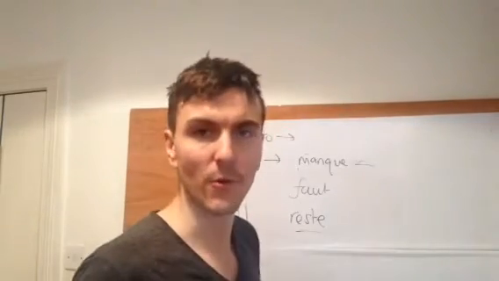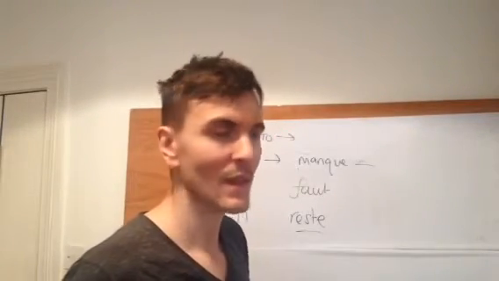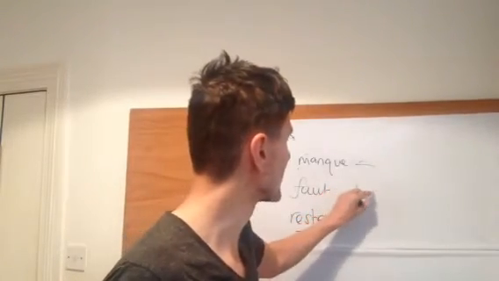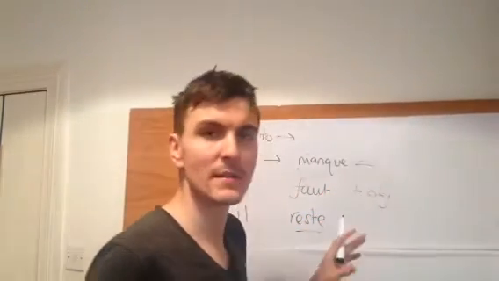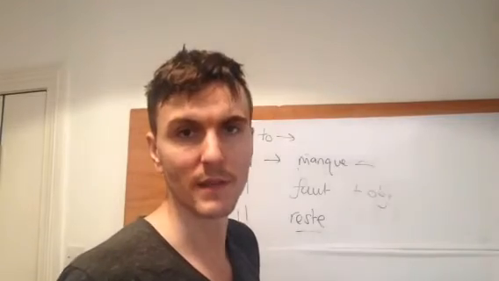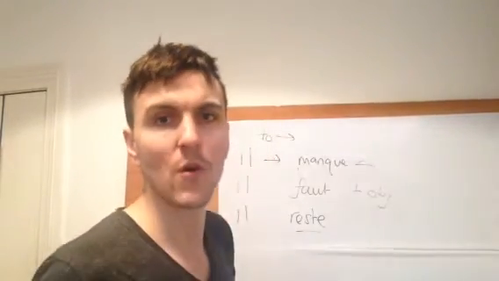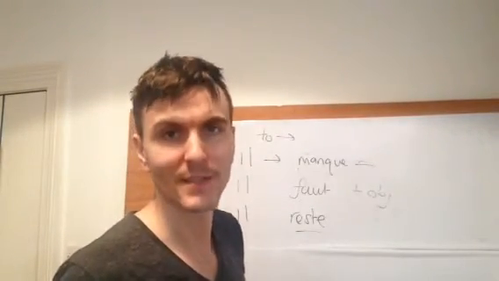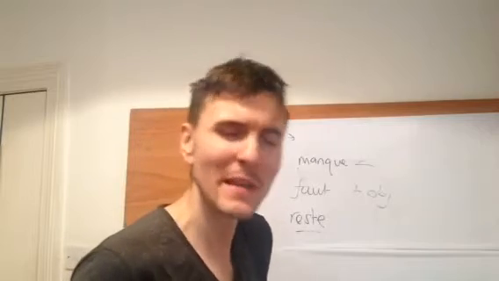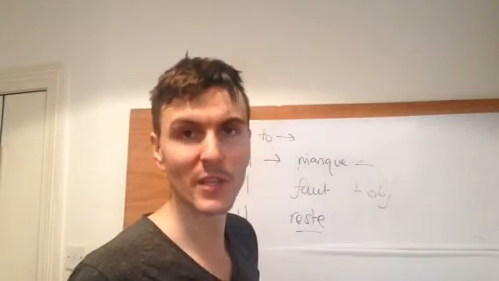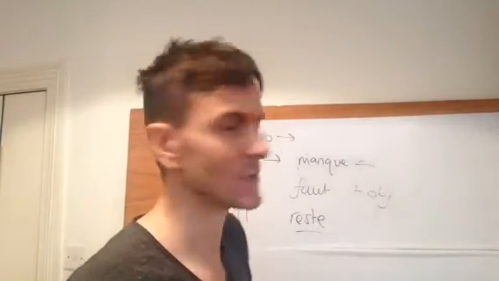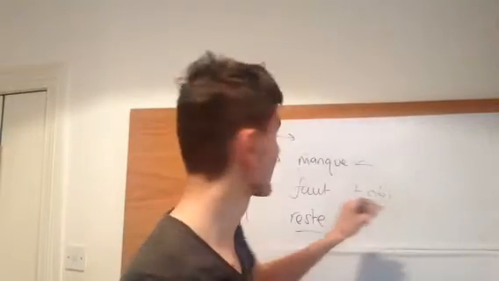Let's now do the same with FAUT. Now, I always use this with an object, okay? I don't use this with a verb, okay? Il me faut une fourchette is I need a fork, which is completely interchangeable with j'ai besoin d'une fourchette, your normal I need expression.